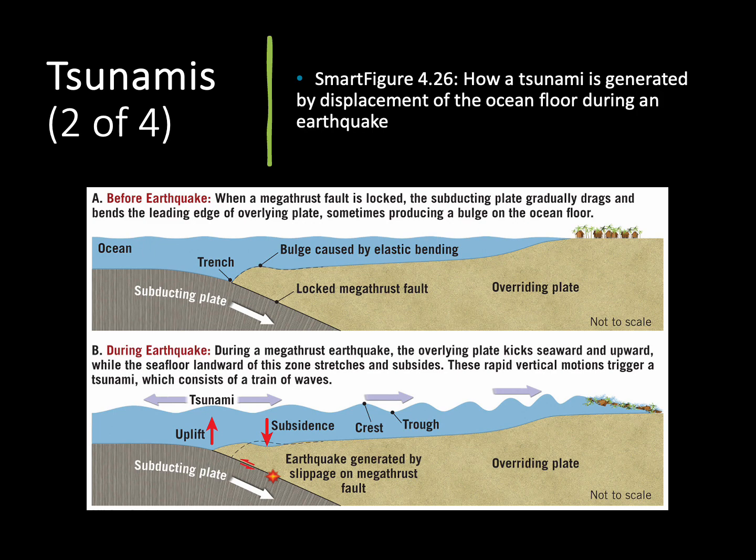But the issue is that all of this deep water that was in the trench before is now being pushed upwards because the land is going through elastic rebound and moving back to its position before it was under pressure. So it's going to force all of this water to move upwards, creating ocean waves. When we're really in deep ocean waters, in the middle of our oceans, the ocean water can be miles deep.